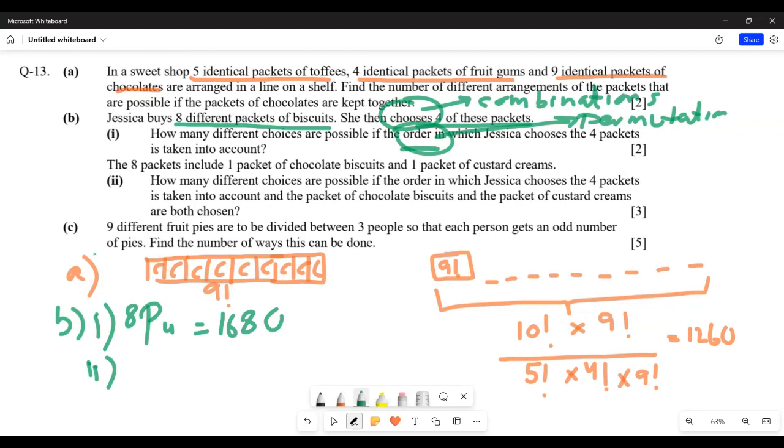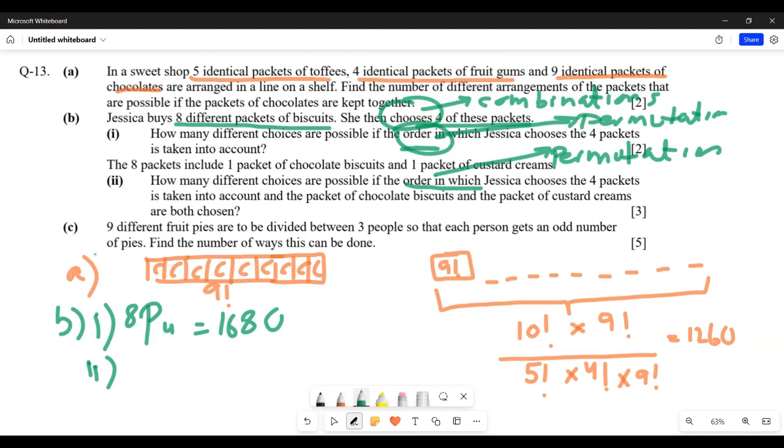Okay. The 8 packets include 1 packet of chocolate biscuits, 1 packet of custard cream. How many different choices are possible if the order in which Jessica chooses the 4 packets is taken into account? So again, order matters. So again, it's permutation. Although the question said chooses at the start, that did not mean that this was a question on combination, because later it said that order mattered.